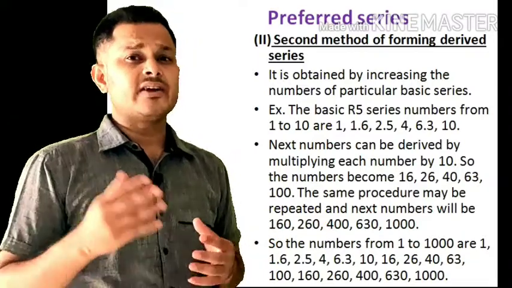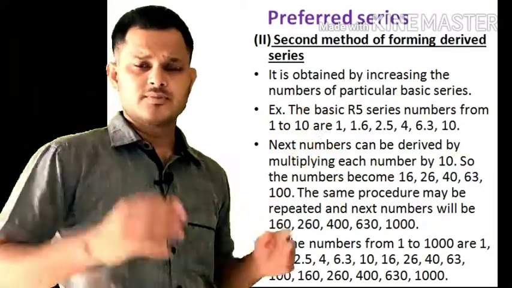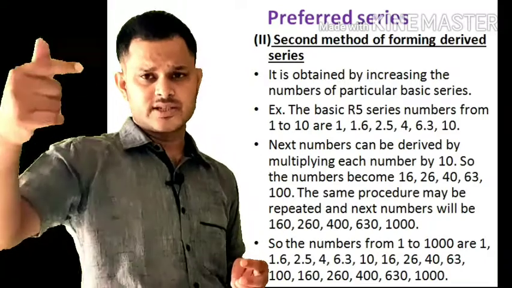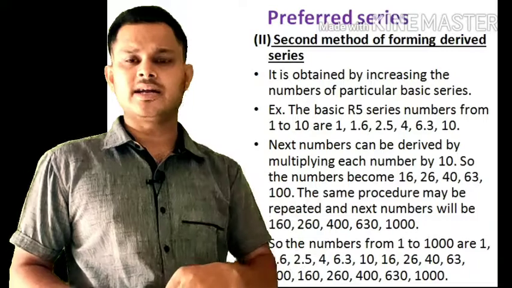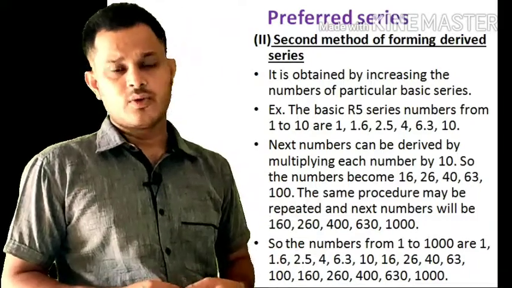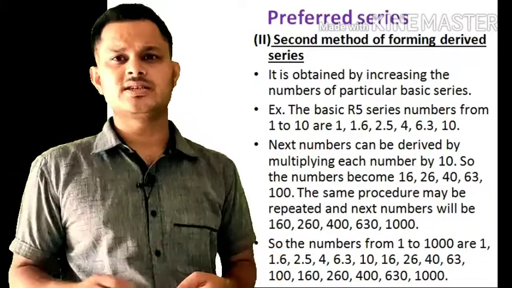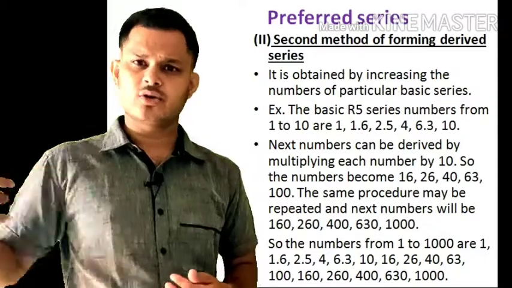The next numbers can be derived by multiplying each number by 10, so from the R5 series the next numbers become 16, 26. If you see the second and third points, 1 is multiplied by 10, so it becomes 10. 1.6 into 10 is 16. 2.5 becomes 26. 4 becomes 40, 6.3 becomes 63 and so on.